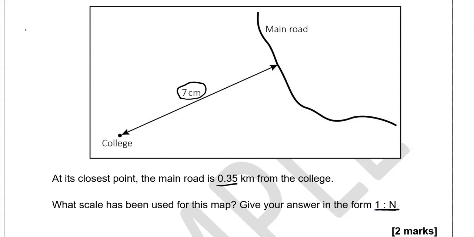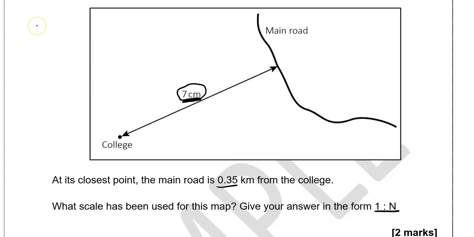Now, if you look at the form that this has been given in, we haven't got any units. So that means in our answer, we'll have to work it out for the same units. So we've got centimeters here, and I'm going to keep it as centimeters also for the distance on the ground. So let's work it out.